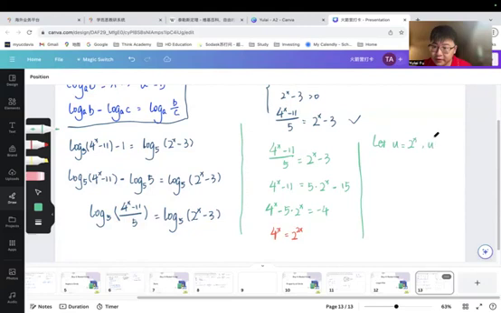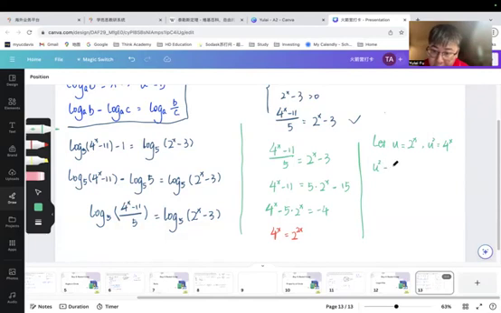Then u squared equals 2 to the power of 2x, which is 4 to the power of x. So we can just use the substitution method.